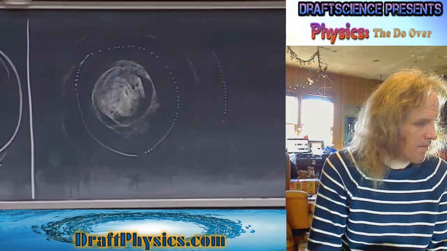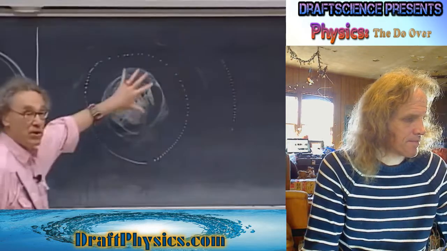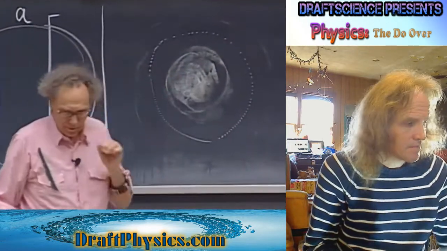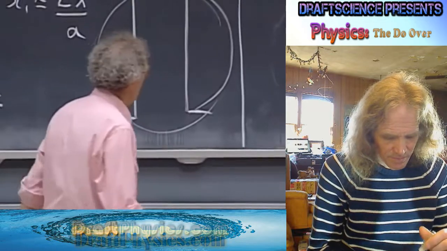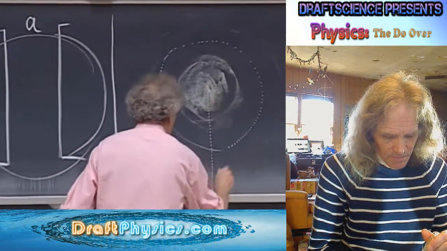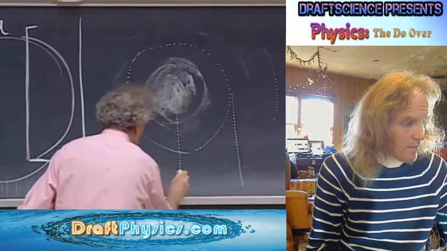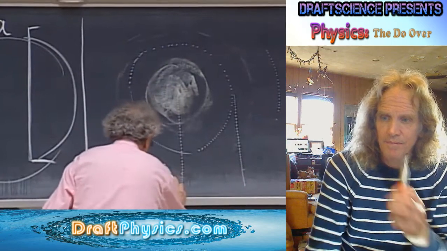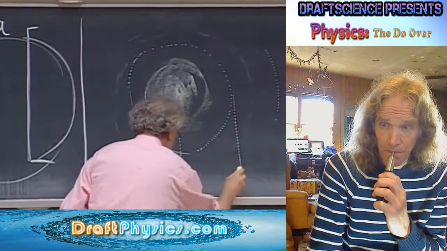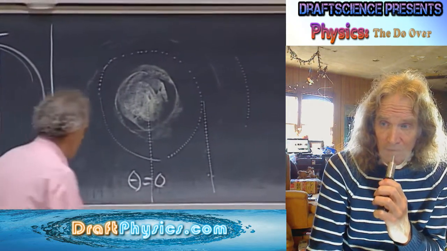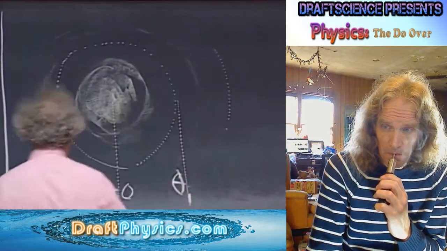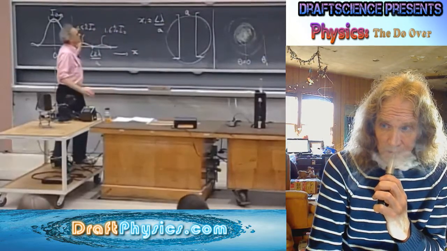So you have a little pinhole, and this is the image that you would get on a screen from that pinhole. And you would think now that this angle, from here to here, this is theta equals 0, and we call that theta 1. This is the theta 1 where you see your first 0.